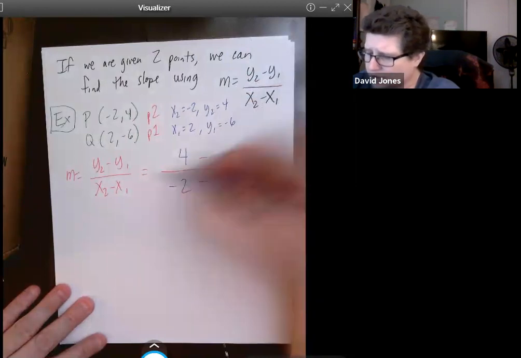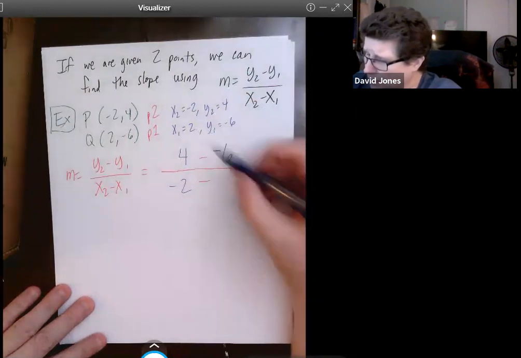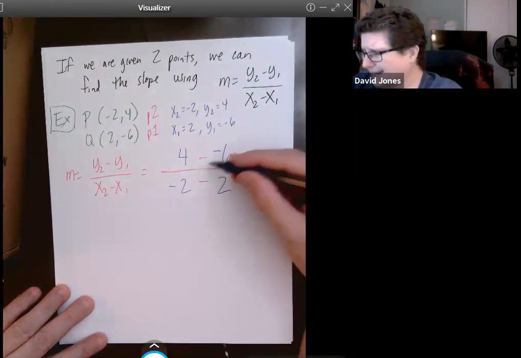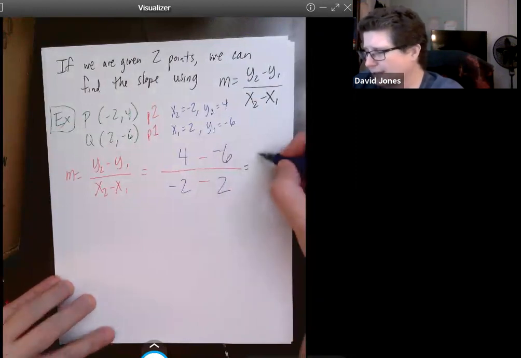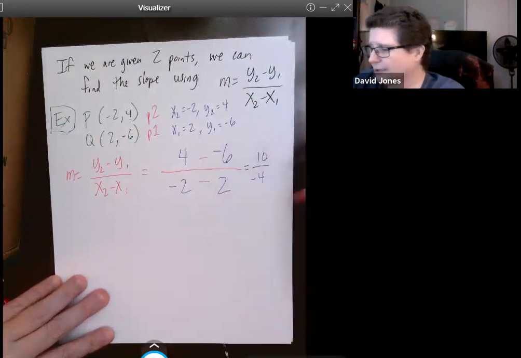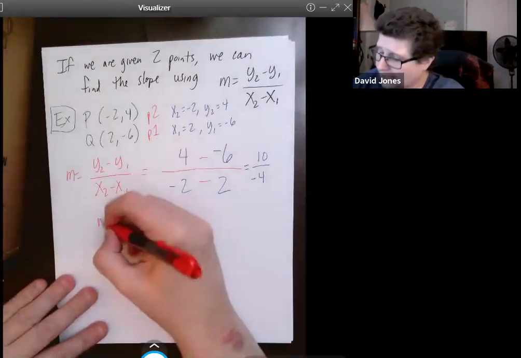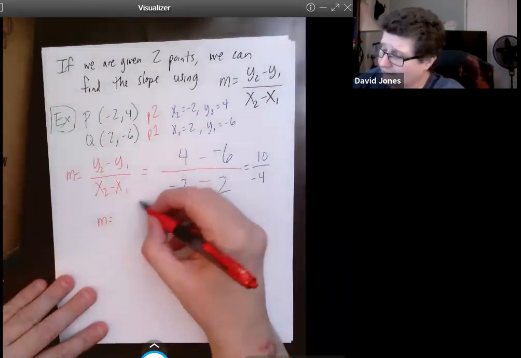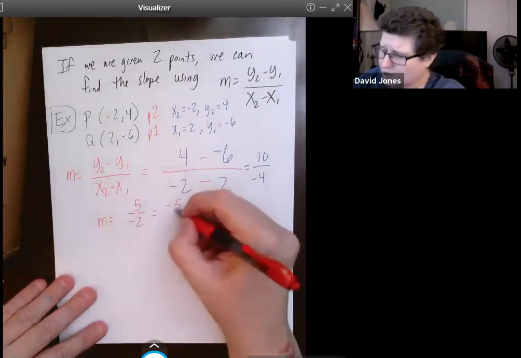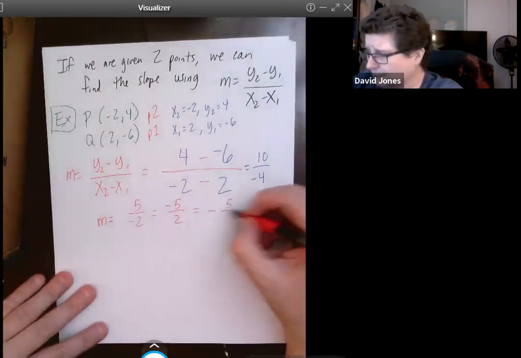The y1 goes in the upper right, and x1 goes in the lower right. I've got 4 minus -6, which is 4 plus 6, is 10, over -2 minus 2, which is -4. If I simplify that, I've got 10 over -4, which is 5 over -2, and I could write that as -5 over 2 if I wanted to graph it that way, or we can put the negative out in front.